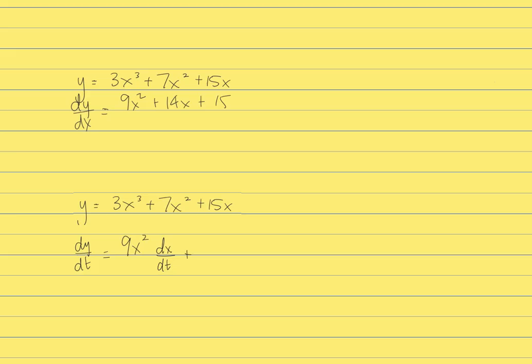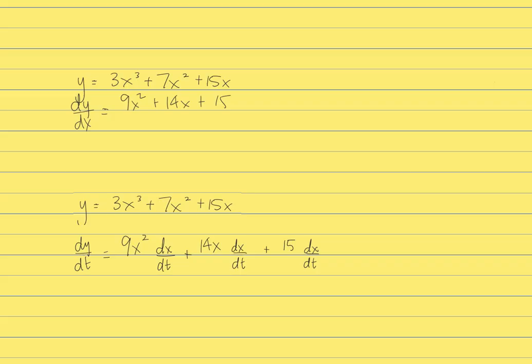Over here, I would still have the 14x like I did up above, but just to remind everybody, I did the derivative with respect to t. And on the last term, I'd still have the 15, but I did the derivative of that x with respect to t. So it's just a little bit of added notation.